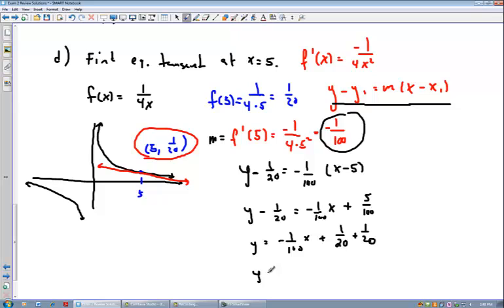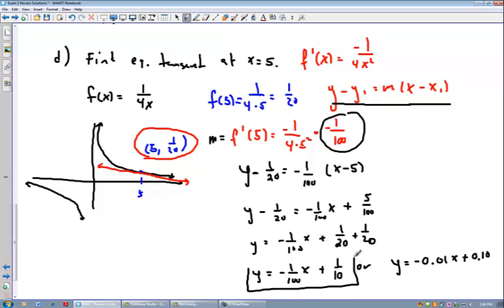And so we get our answer to be y equals negative 1 over 100 x plus 2 over 20. So 2 over 20 is 1/10. So you could write it like that, or if you like decimals, you could write this as y equals negative 0.01 x plus 0.10. Doesn't matter. Either way works for me.